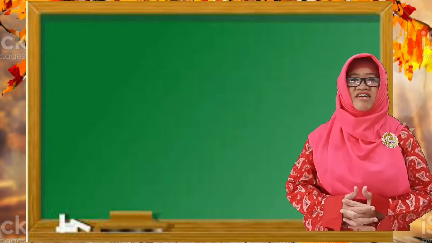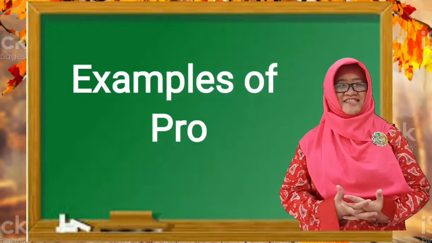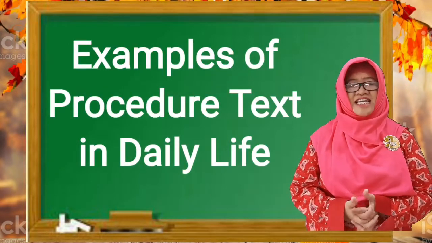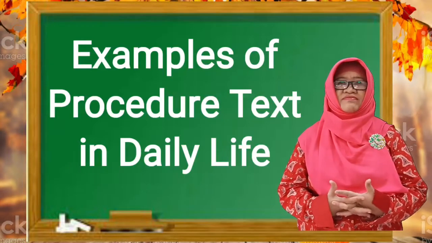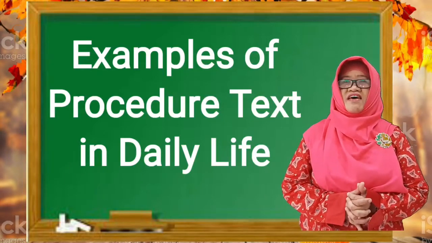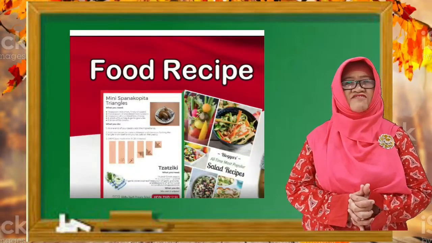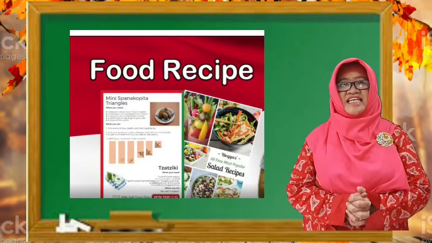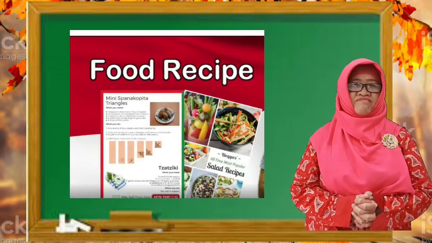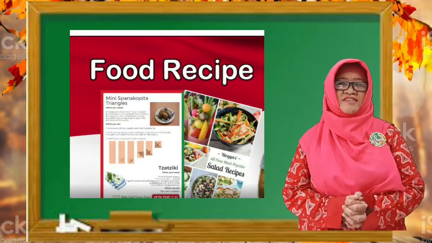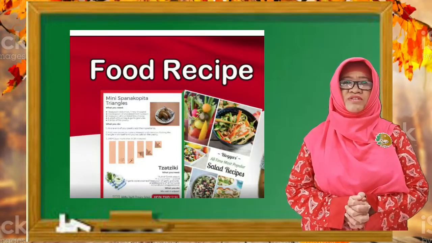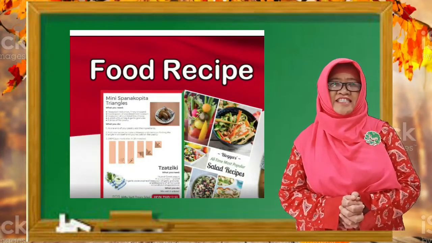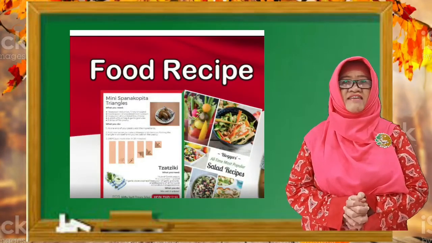After learning about procedure text, can you find an example of procedure text in our daily life? Have you ever seen a food recipe? Correct. When we read a food recipe, there will be steps on how to make the food. So, that is one of the examples of procedure text that we can find in our daily life.